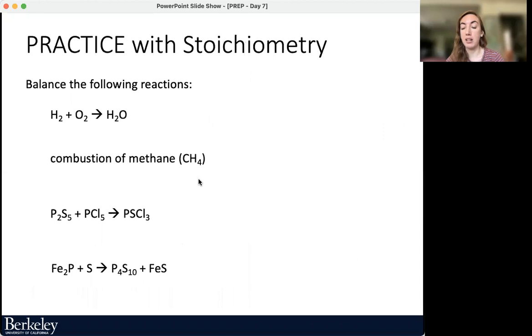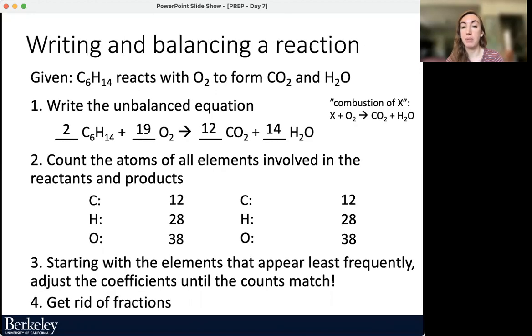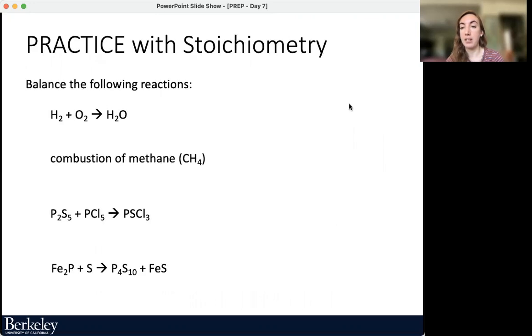And as a reminder, I defined what combustion means on the previous slide. So combustion of C6H14 was C6H14 plus O2 goes to CO2 and H2O. So you can figure out what the combustion of CH4 means using this. Does anyone have any questions on what you're supposed to do?